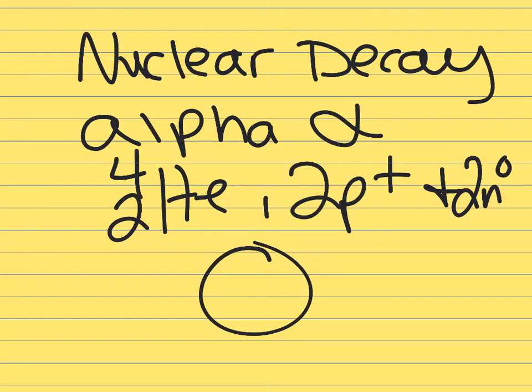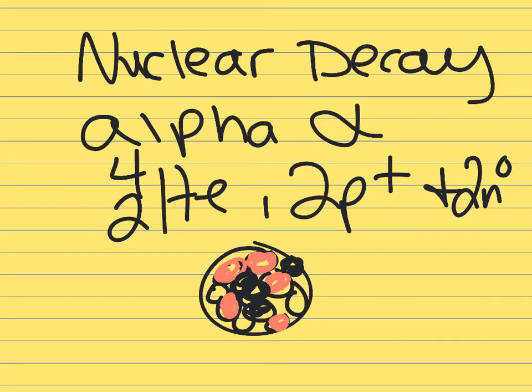So if we've got this substance here, and these are all the protons and neutrons in there, I'm going to make some of them red. Let's say red is my protons and black is my neutrons. This substance is an unstable nucleus and it's going to break down.